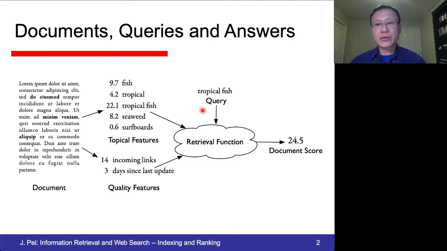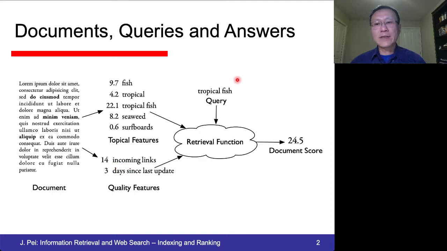In order to answer a user query, say the query tropical fish here, we need to extract some features from the document. For example, here there are some features to represent the topics of the document. And also, we may have some features about the quality of the document, such as whether the document contains enough links and whether the document is up to date.